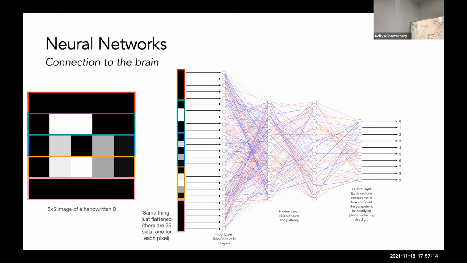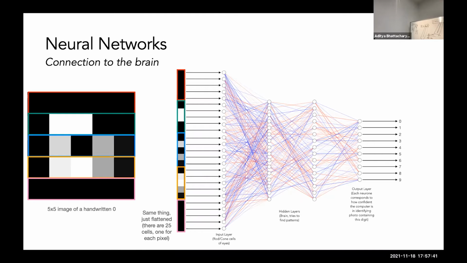So we try to flatten it by putting each of these rows one after the other. Imagine a Lego block, and you're putting every next row of the Lego block right beside the previous one. Once it is done, we first have an input layer, this one. This has 25 neurons. Each of these blobs is a neuron.